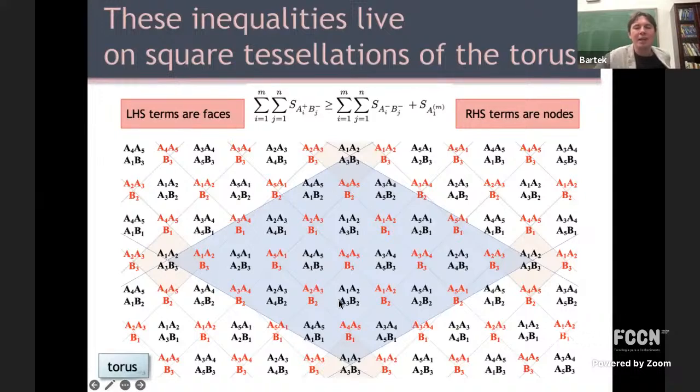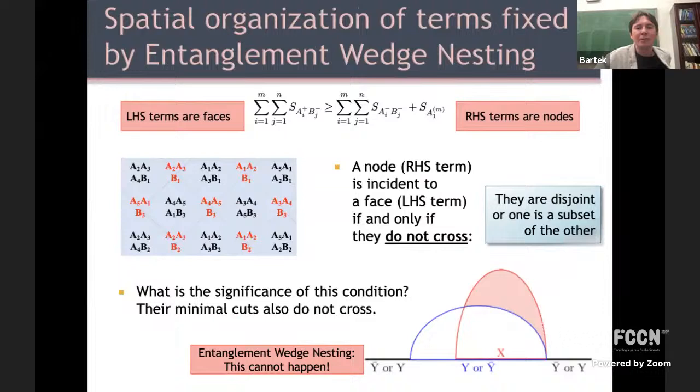Okay. Now, the next thing I have to tell you is about which faces and which vertices are incident. So far I just told you faces are left-hand side terms, vertices are right-hand side terms, but how do I know which vertex is attached to which face? The statement is that a vertex or a node is incident to a face if and only if the regions that they represent do not cross.